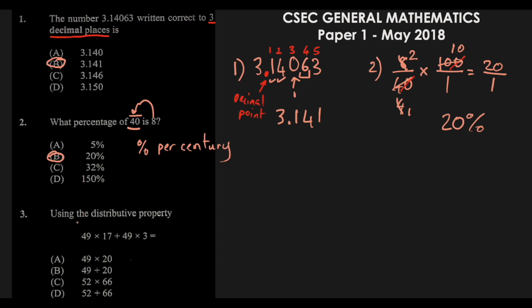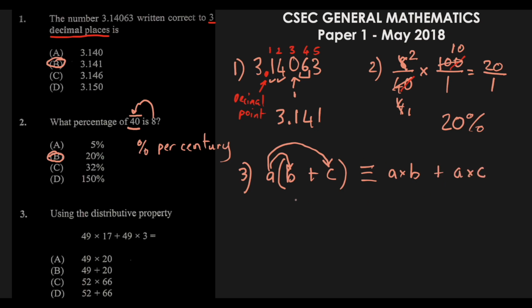So this here is telling us to use the distributive property to represent what we see here. With the distributive property, it's usually written like this: A, open brackets, B plus C. What this means is that we can multiply A times B as well as A times C, which is the same as having AB plus AC.